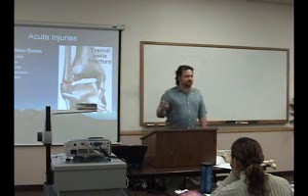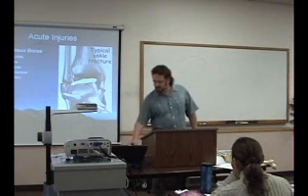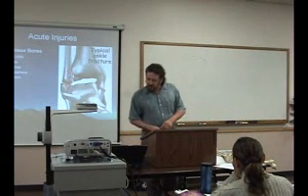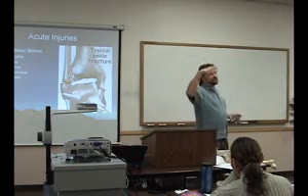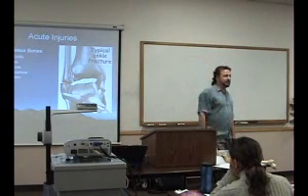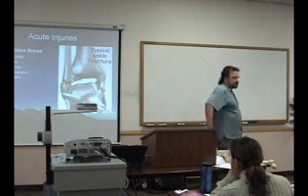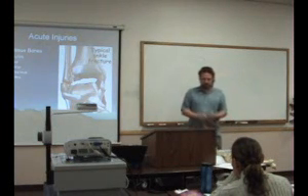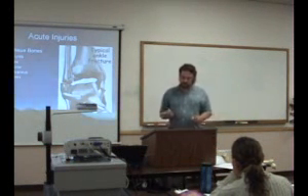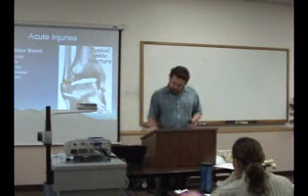I think one of the videos I had on there was one of those. You can have a compression fracture of the calcaneus. If somebody falls from a height, they land on their feet, you can get compression fractures in the spine. You can also get them in the heel.